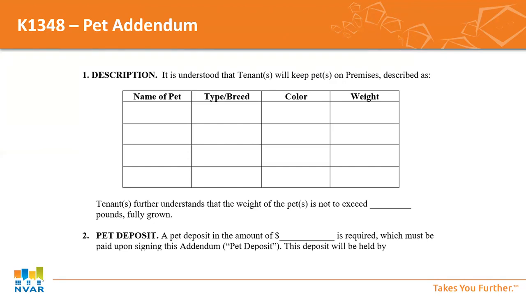But I would not go so far as to deny an application simply because somebody had an assistance animal and didn't include it in their application. I think that would lead to more trouble than it's worth, in terms of probably confirming that a fair housing violation has occurred if you deny that person's application.